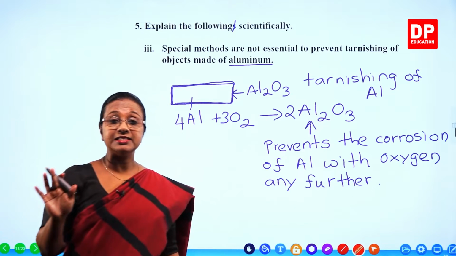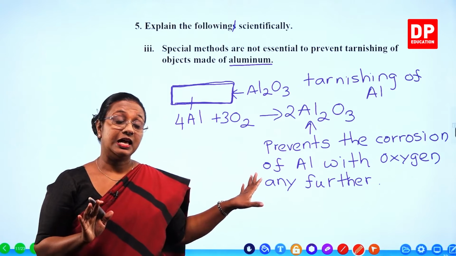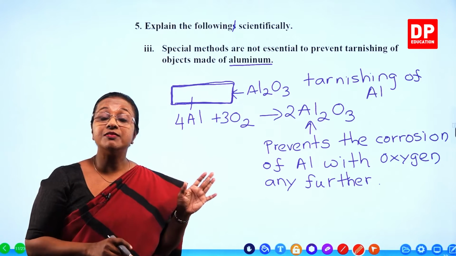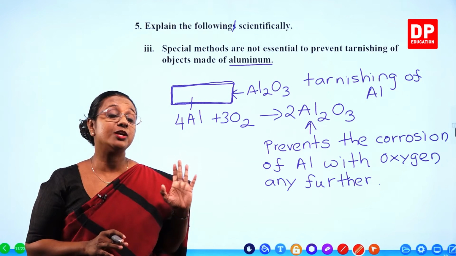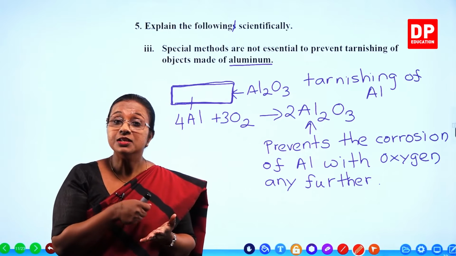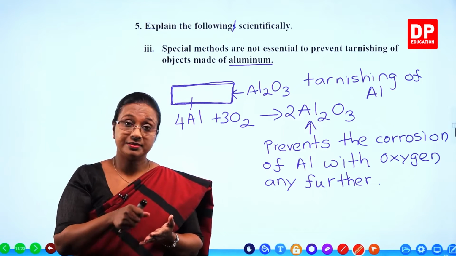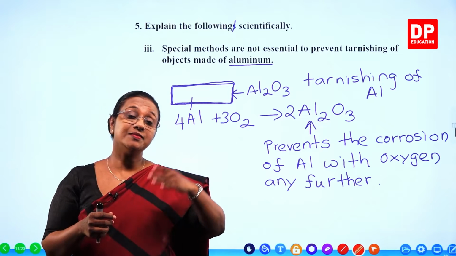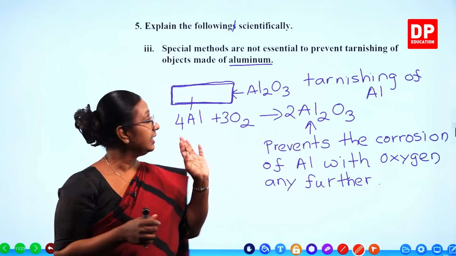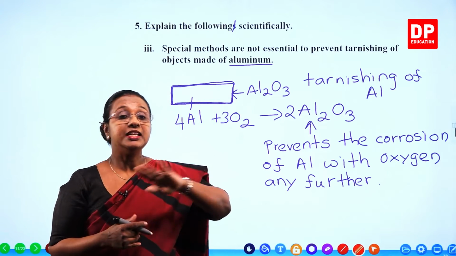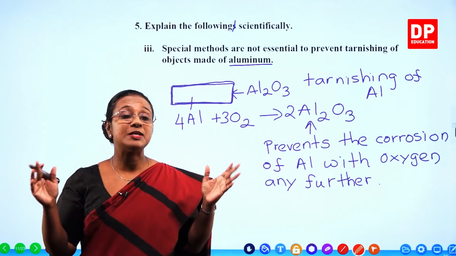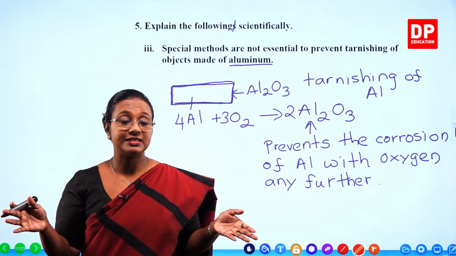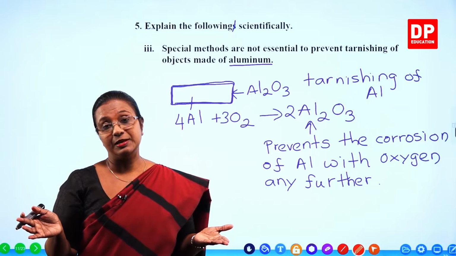So like magnesium, this is also protected. But you can remember, students, whenever we use a magnesium strip in the lab, what do we do? We take a sandpaper and we scrape off the magnesium oxide layer, so you get the shiny magnesium, and we use it for reactions. But in the case of aluminium, it is a very thin layer, and especially when it is a household utensil, we don't need to scrape it off.